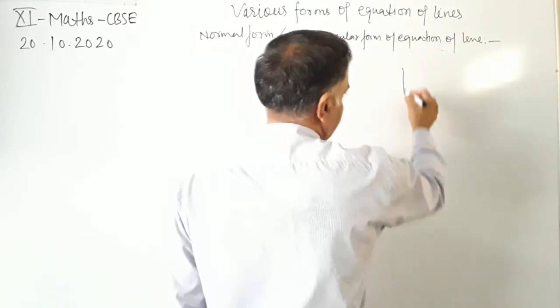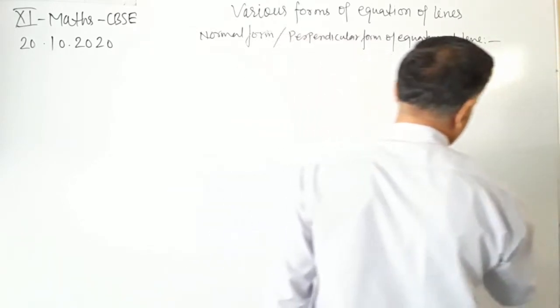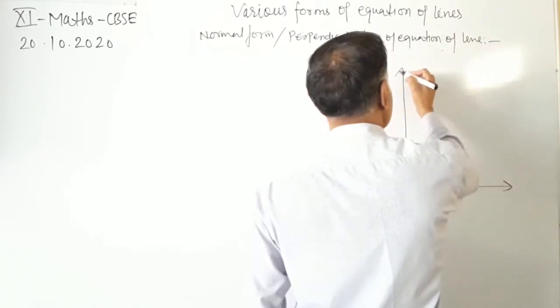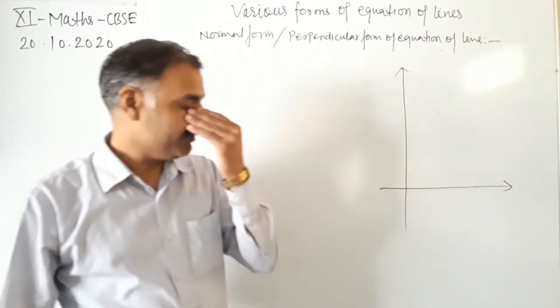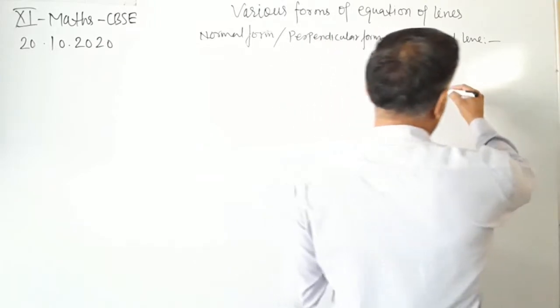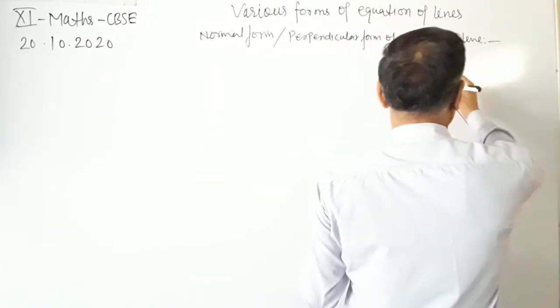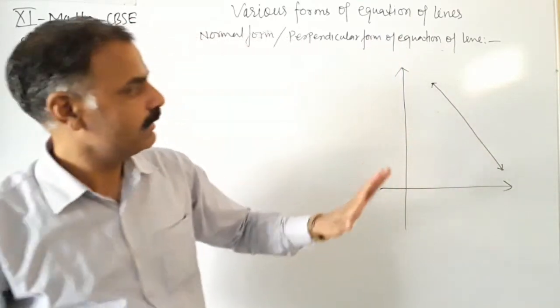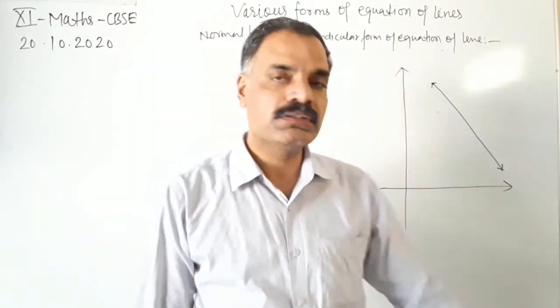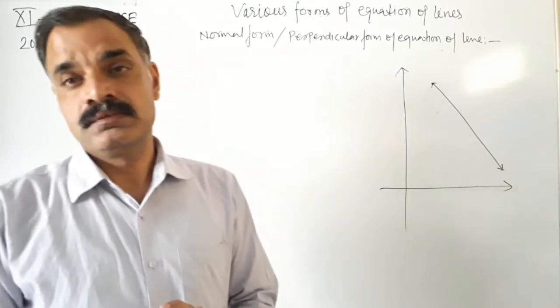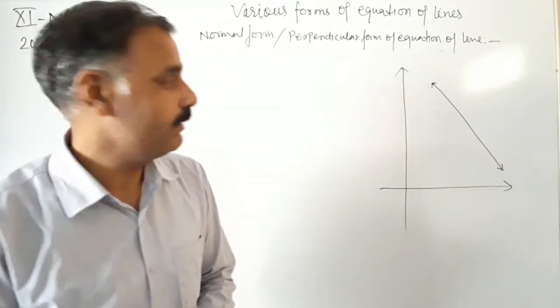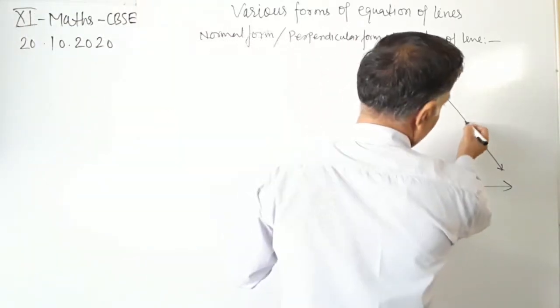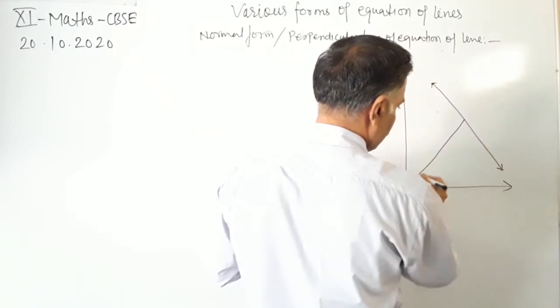Okay, so this is the y-axis, this is the x-axis. We have been given a non-vertical line like this, and we have also been given the perpendicular distance of this line from the origin.